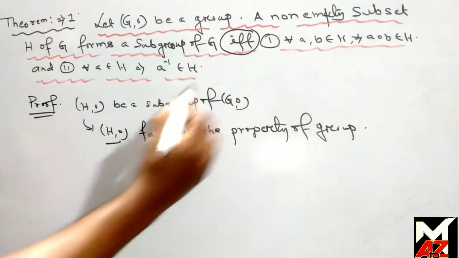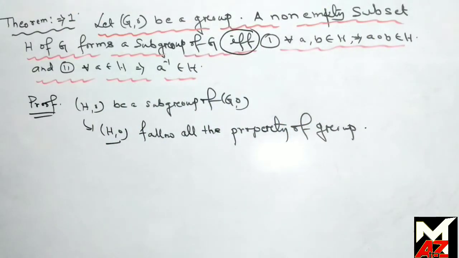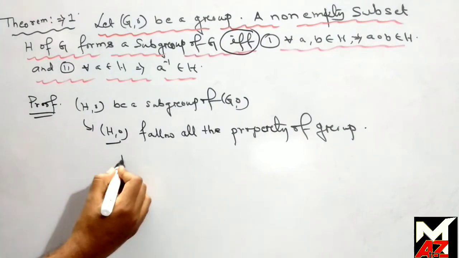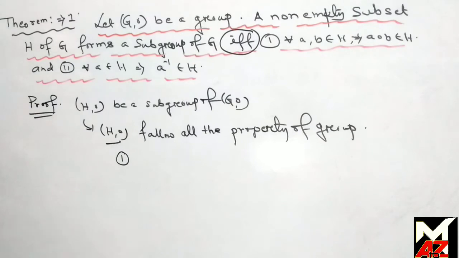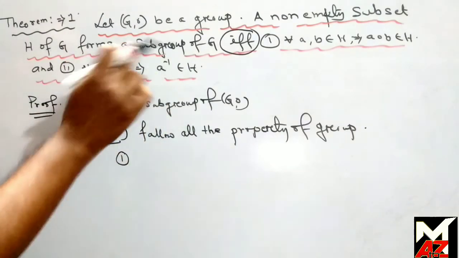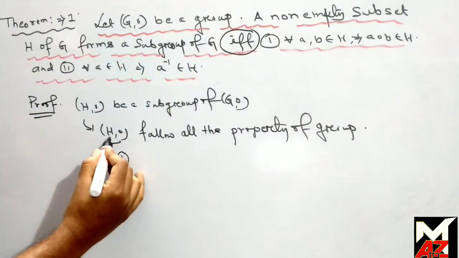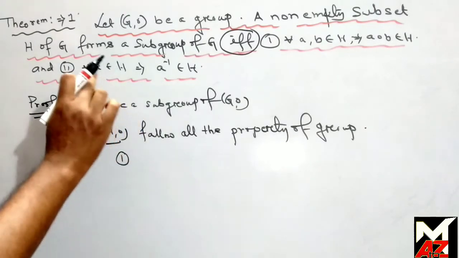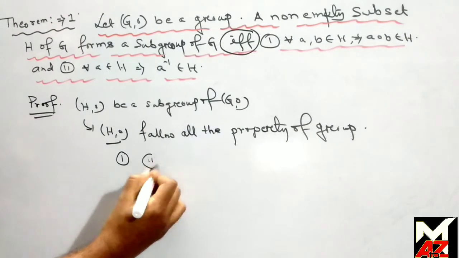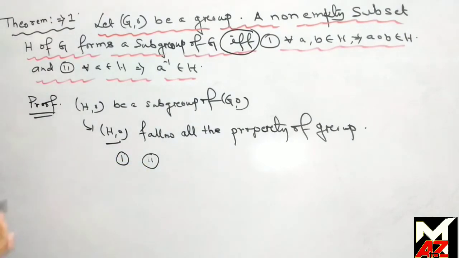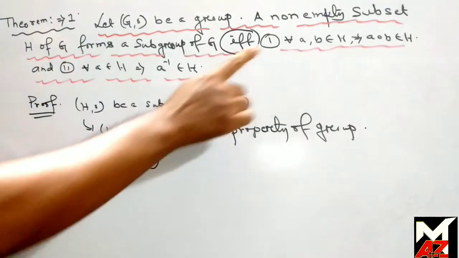So clearly the first property is the closure property of a group, that is, the first property holds because it is a group so it is closed: for all a, b belongs to H, a ∘ b belongs to H. Also the second property is the inverse property, because in a group for all a belongs to H, a inverse must belong to H. So the second property also holds. That is, if we take (H, ∘) to be a subgroup, then it is easy to see the first and second properties.